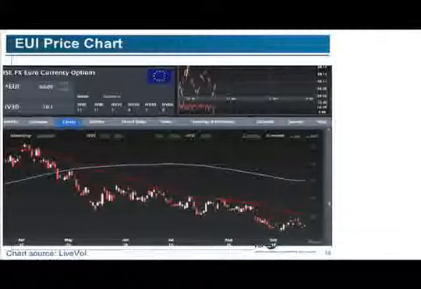This is a simple candlestick price chart of the EUI. And okay, so we can kind of see it's fallen fairly substantially, really, since April. And it's really come down below its moving averages.